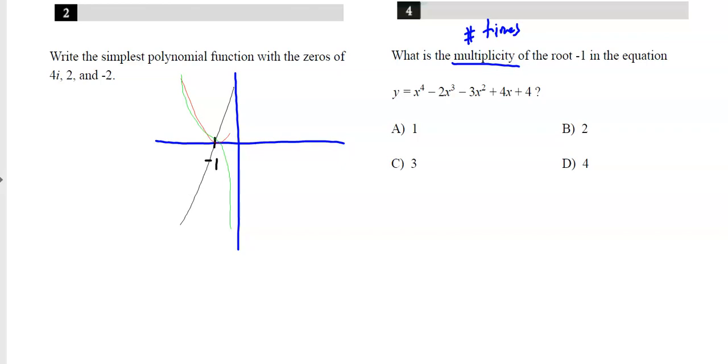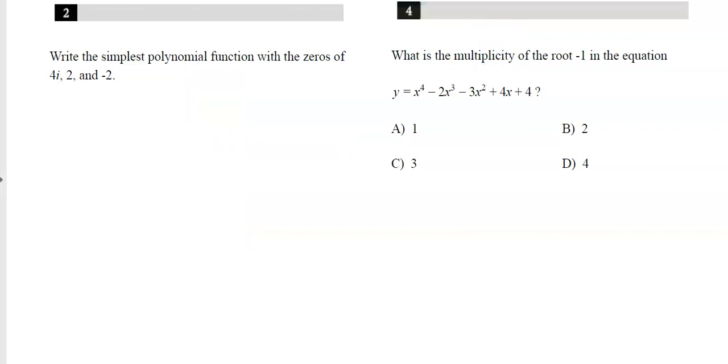So we could graph it, but I'm just going to try some algebra. Let's see what happens with this. When I do the P over Q stuff, Q is just plus or minus 1, and P is plus or minus 1, 2, and 4. So this wouldn't be too bad to try on a table. Let's just try. So 1, -2, -3, 4, 4.